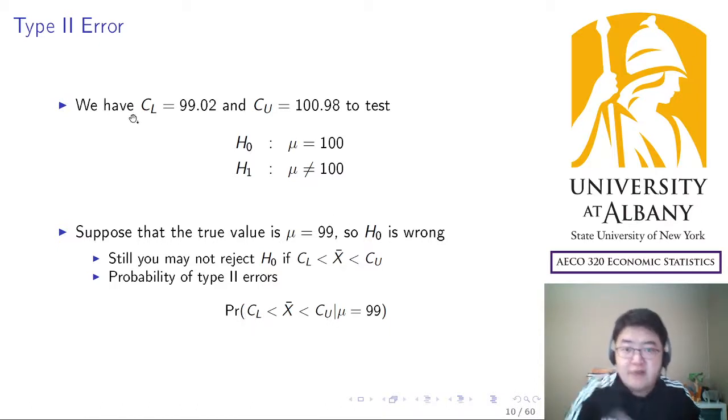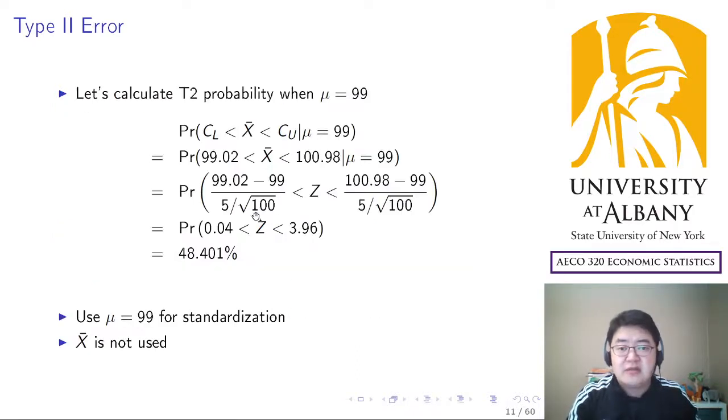We already have critical values here, and then you can standardize X bar because you know the true mean. We assumed that the true mean is 99. So using this assumption, you may standardize X bar. So let's do that. Critical values given, and standardize using 99.